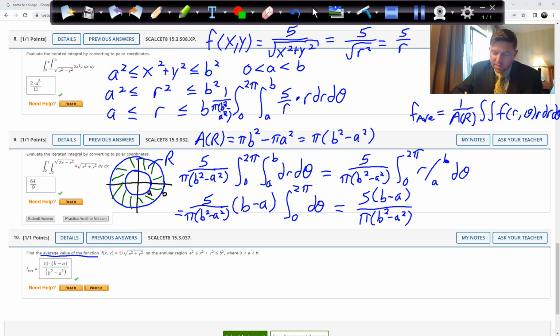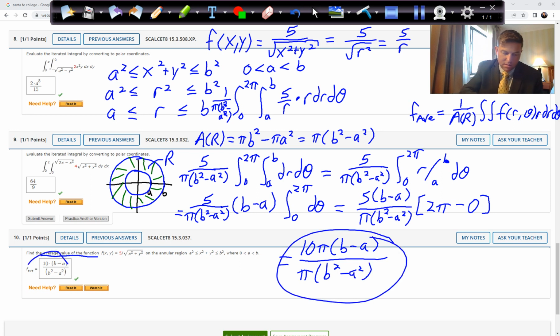The antiderivative of d theta is theta from 0 to 2 pi, so we're just going to get 2 pi minus 0. And that will just give us 2 pi into the 5, so it's going to be 10 pi times b minus a over pi times b squared minus a squared. And that would be correct and complete for problem 10, and that would finish off chapter 15, section 3.